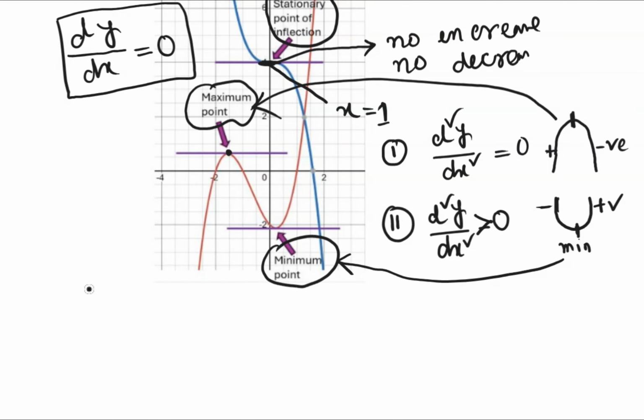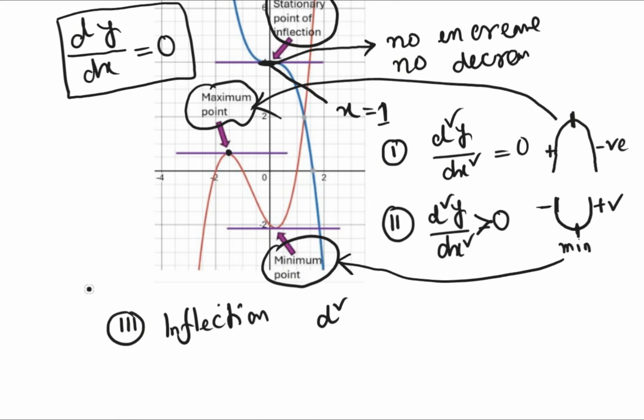The third point, we can say, is the point of inflection. It is actually a special case. Sometimes the graph flattens but doesn't turn. It keeps going in the same general direction, and there might be a change of curvature.